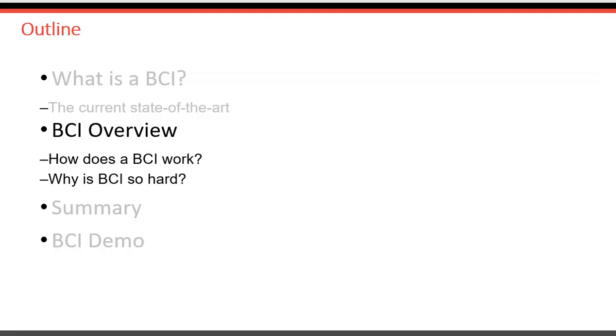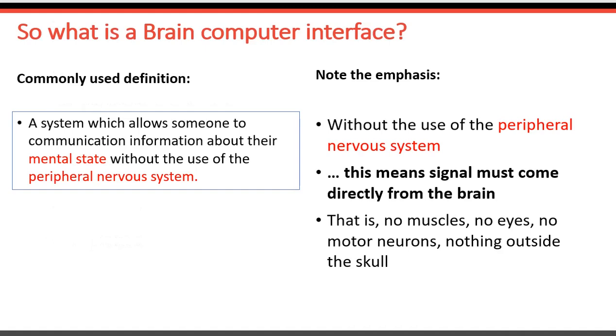Let's look more closely at how BCI systems may work. So, what is a BCI, or brain-computer interface, or brain-machine interface? We have some common definitions that can be used. One of them is: it's a system which allows someone to communicate information about their mental state without the use of the peripheral nervous system. There are two components that I want to emphasize.